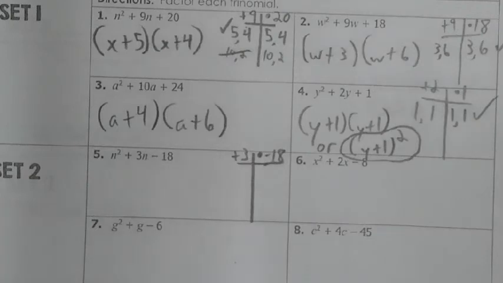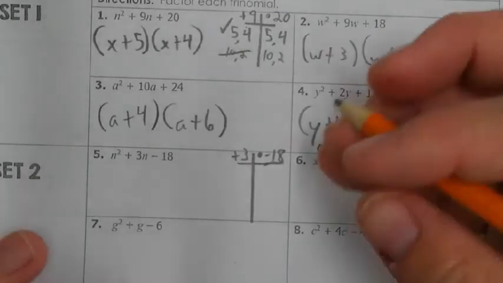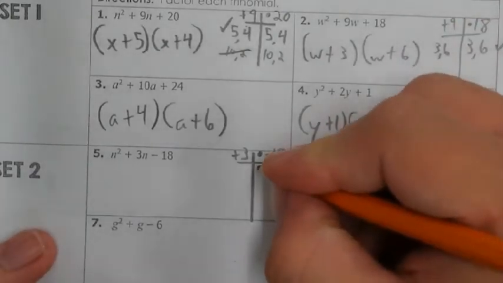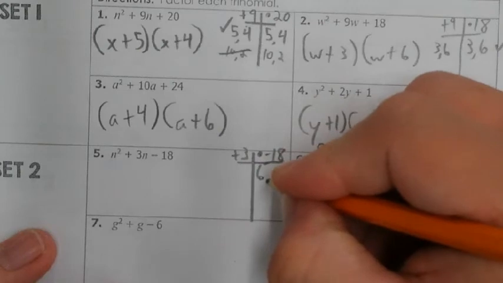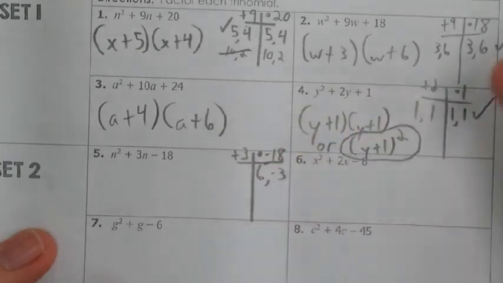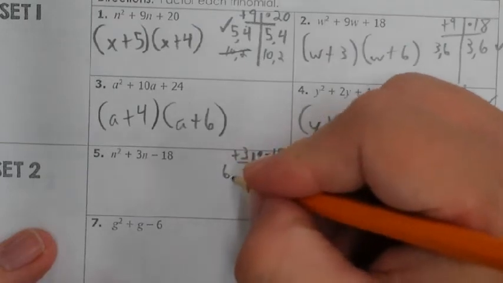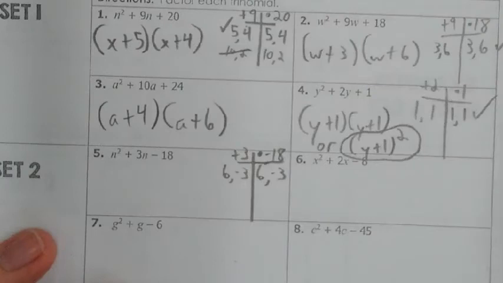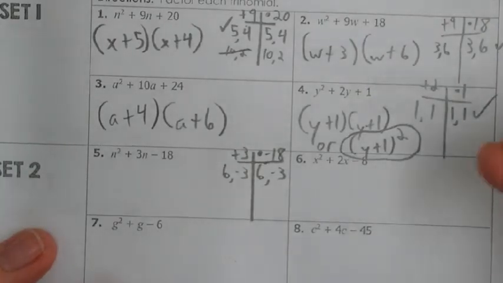No. 6 and 3. Okay, 6 and 3. So this first time, let's try the 6 positive and the 3 negative. Well, what is 6 plus a negative 3? Positive 3. So does that work? Yeah.